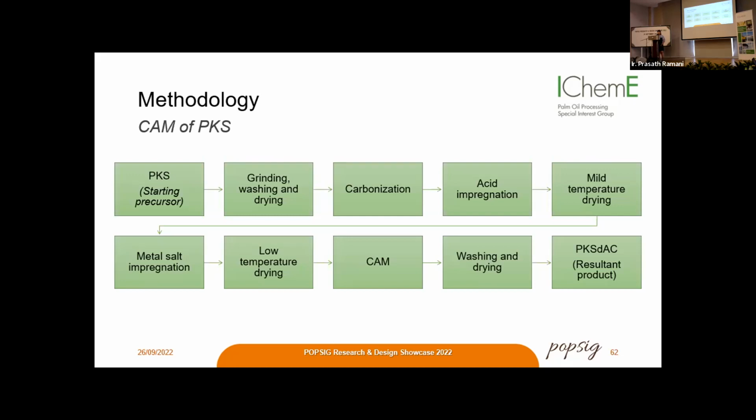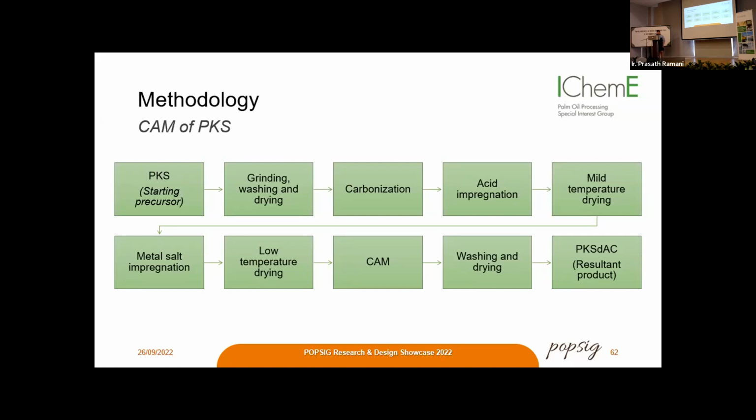This project will be performed in two experimental stages: the synthesis of AC and CO2 adsorption on AC. First, PKS is divided into smaller particles and the sand and impurities are removed from its surface before it is carbonized to become char. The char is then impregnated in an acid solution and dried, then used for metal salt impregnation.